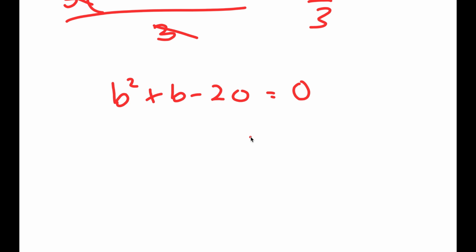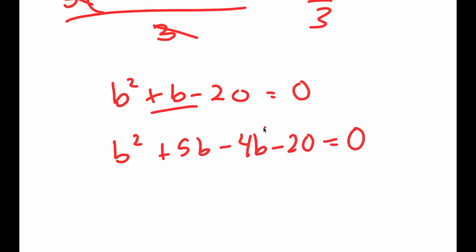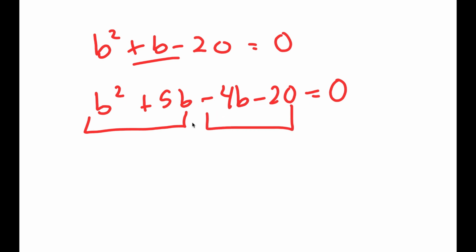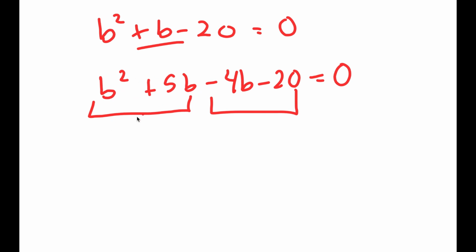Now I'm actually going to expand this plus b to 5b minus 4b. And the reason I'm doing this is so I can factor by grouping. So we can group b squared and 5b, and we can also group negative 4b and negative 20. So from b squared plus 5b, the greatest common factor is b. So I get b times b plus 5.